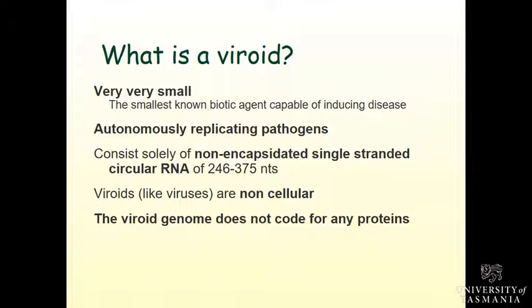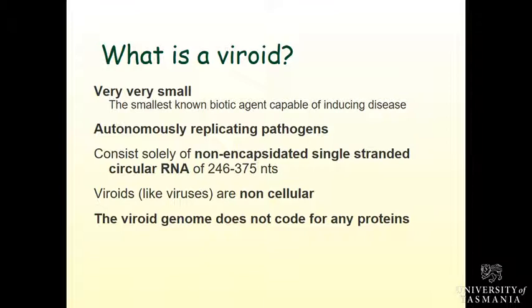They are autonomously replicating. In other words, this is just a small piece of RNA. Unlike, say, a plasmid in a bacterium, which is an extrachromosomal piece of nucleic acid that sits inside the cell but needs the cell and its enzymes to replicate it, it can't organise its own replication.